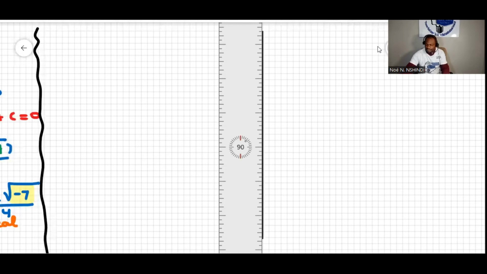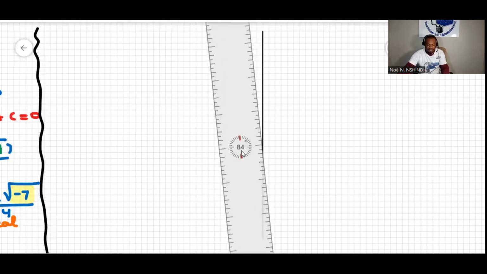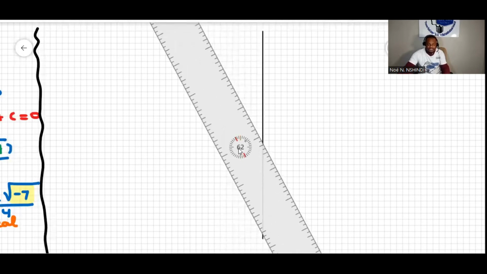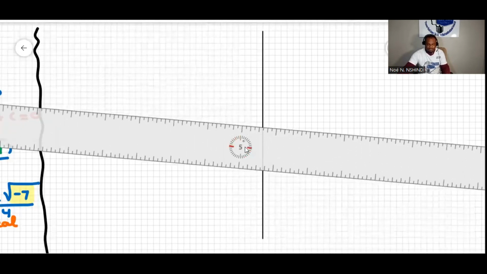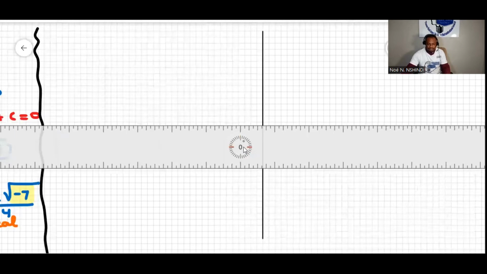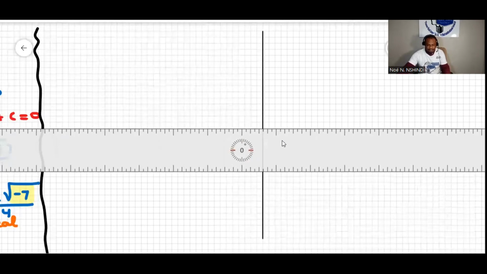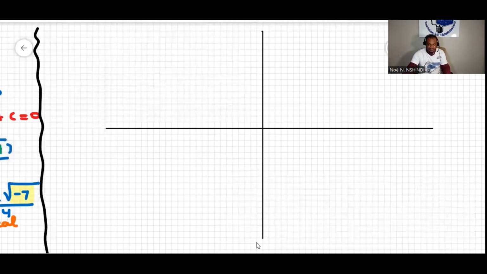This is the vertical axis, the y-axis, and that's the horizontal axis.